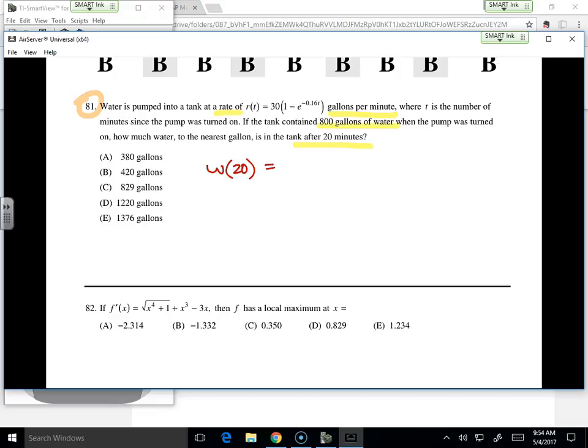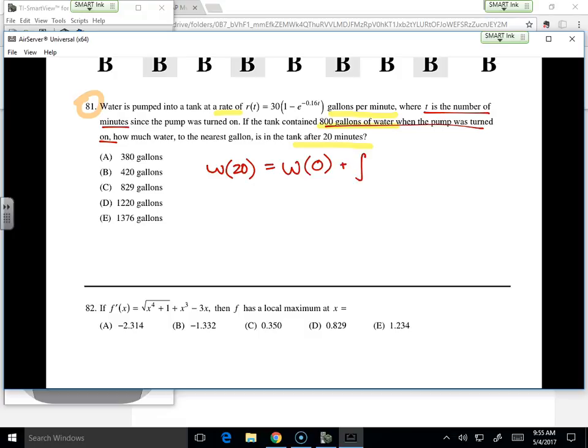I have to start from somewhere. What did they tell me? They gave me rate, and I'm going to plug that into an integral, but they also gave me what the water level was at 0. Does that make sense? The initial amount when the pump was turned on, looking at how T is defined, that'd be when T was 0.